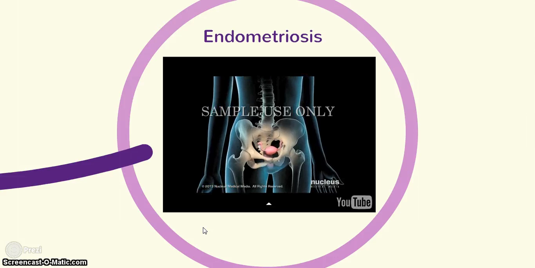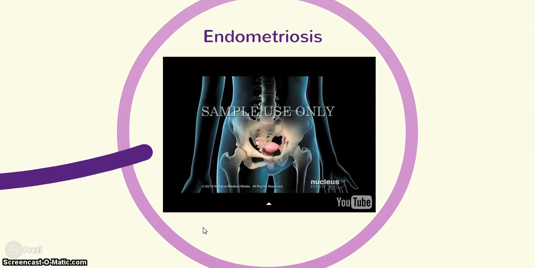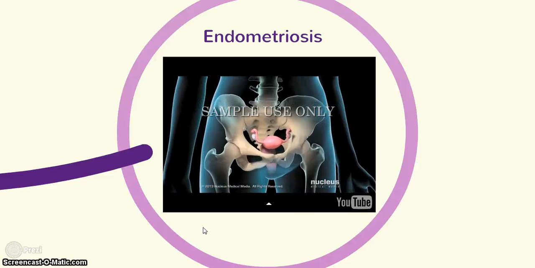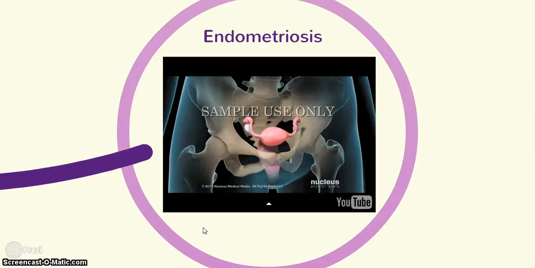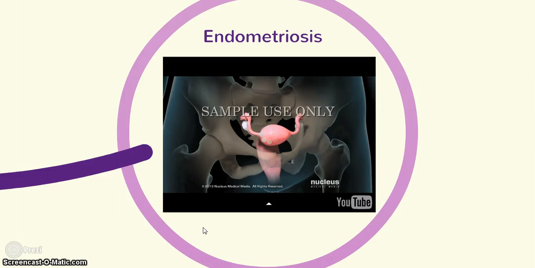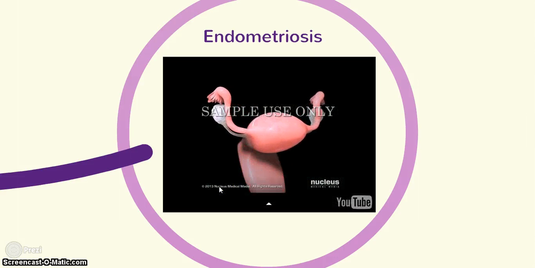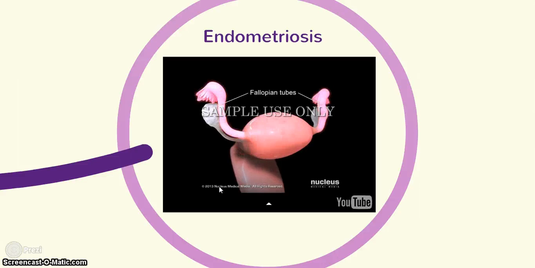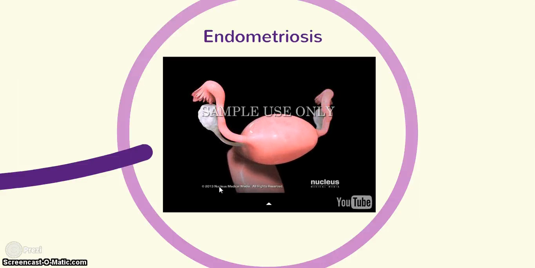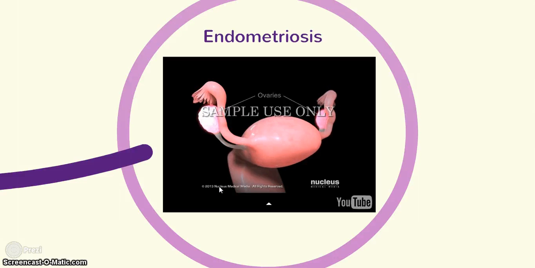Endometriosis is a condition where tissue, similar to the lining in your uterus, grows in other areas of your body. If you are a woman, your reproductive system includes the vagina, uterus, fallopian tubes, and ovaries.